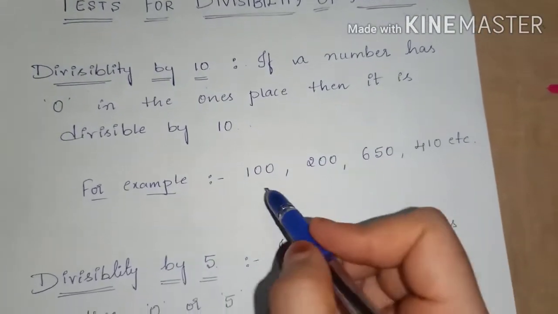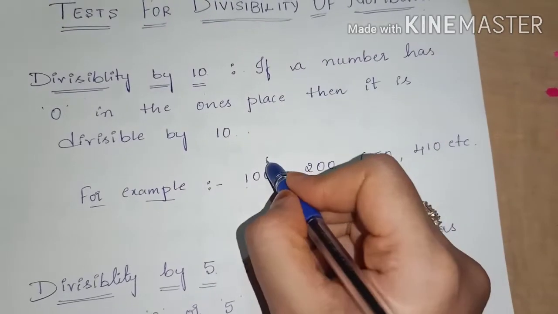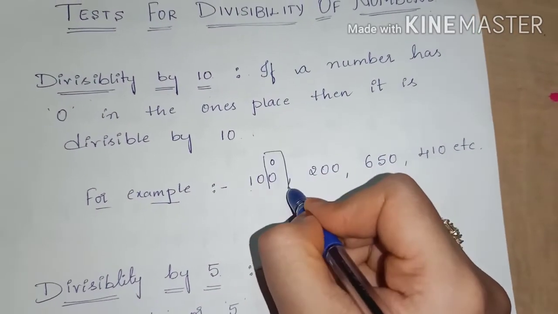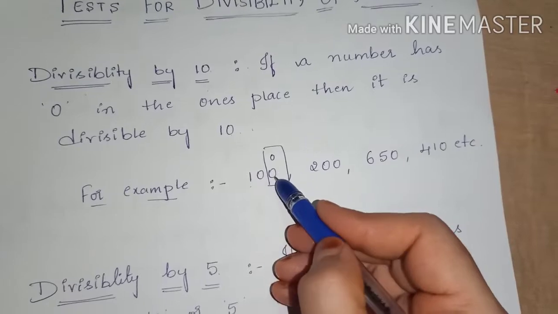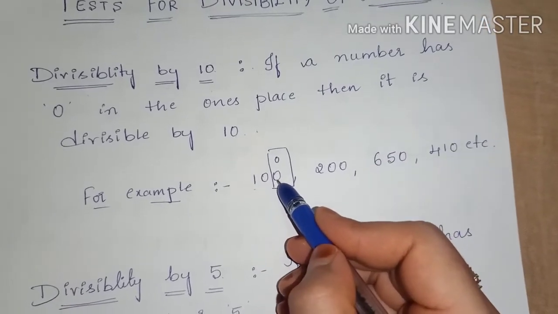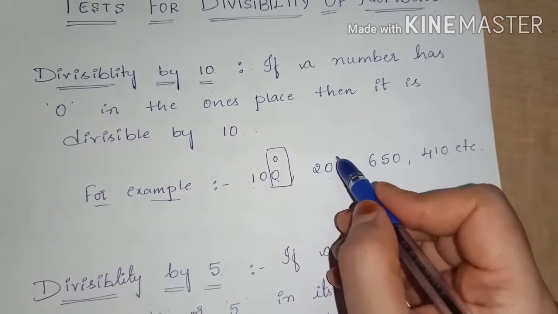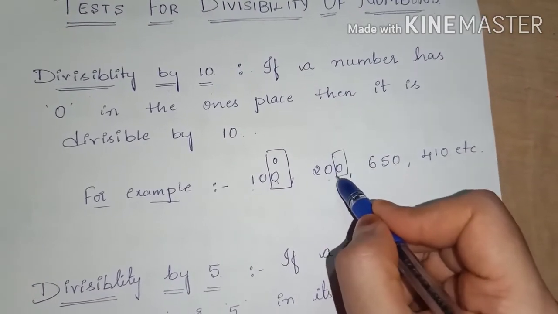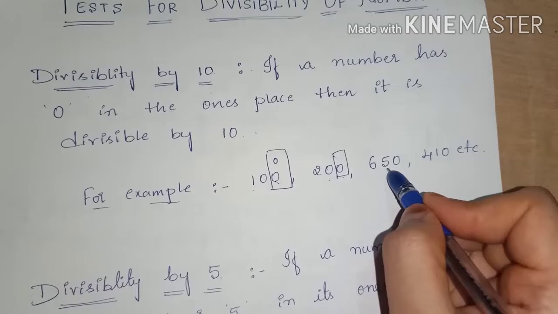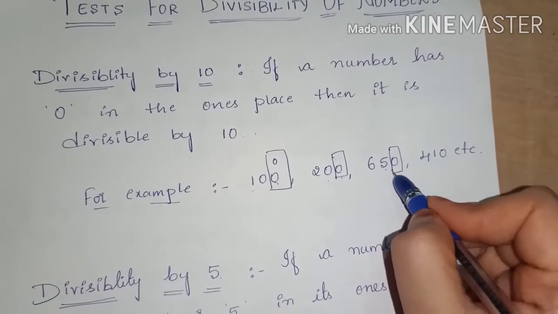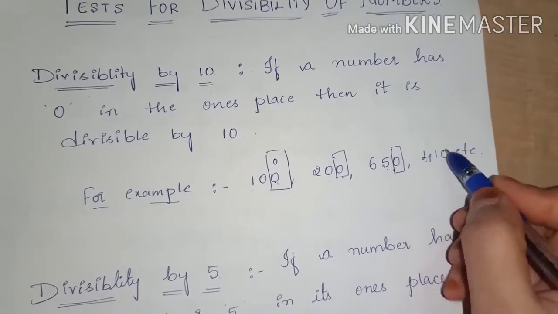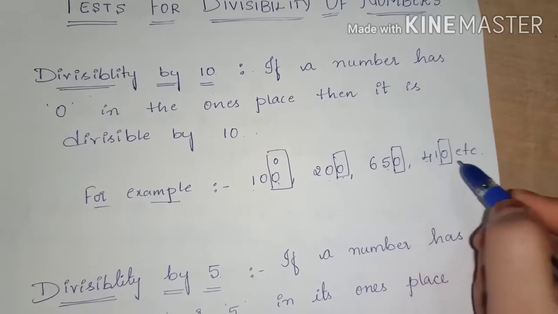For example, 100. Look at the ones place. Just concentrate on the ones place. The ones place is 0. Hence 100 is divisible by 10. 200. Yes, the ones place is 0. 650. The ones place is 0. 410. The ones place is 0.